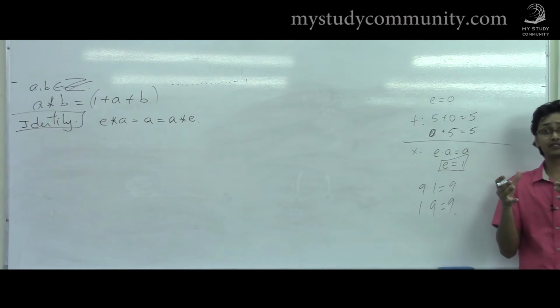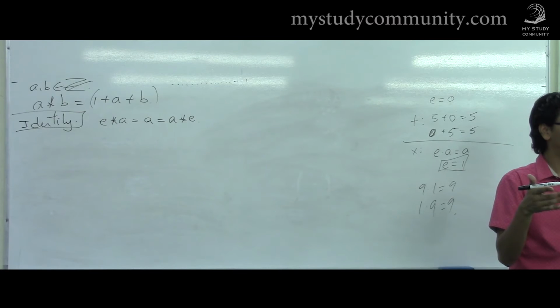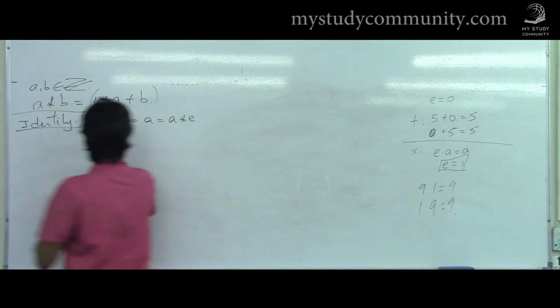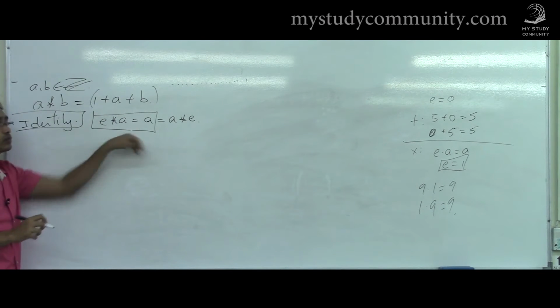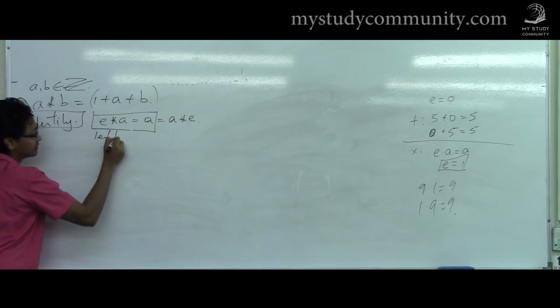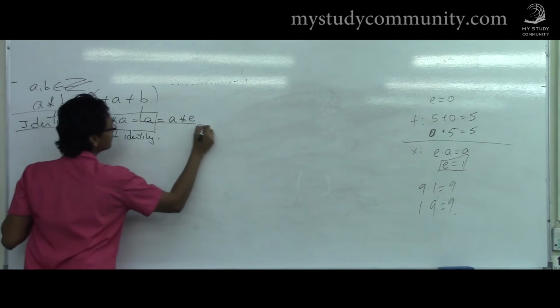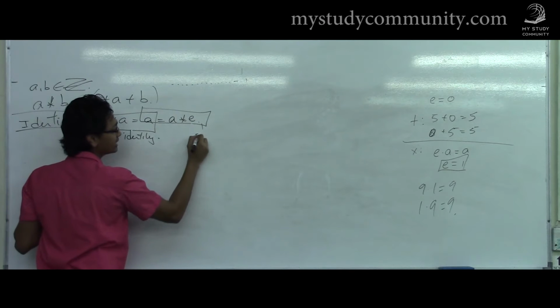So some operations we might encounter may not be commutative. So in that case, this is the equation for the left identity. Why? Because the E is to the left of A. So this is the left identity. And this here is for when the E is to the right of the A. So this is for the right identity.